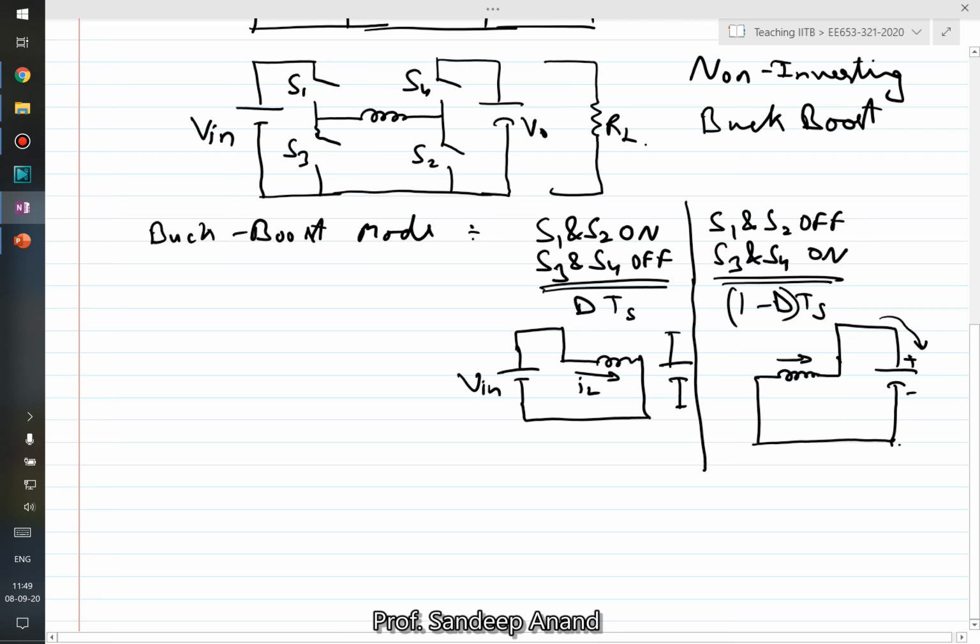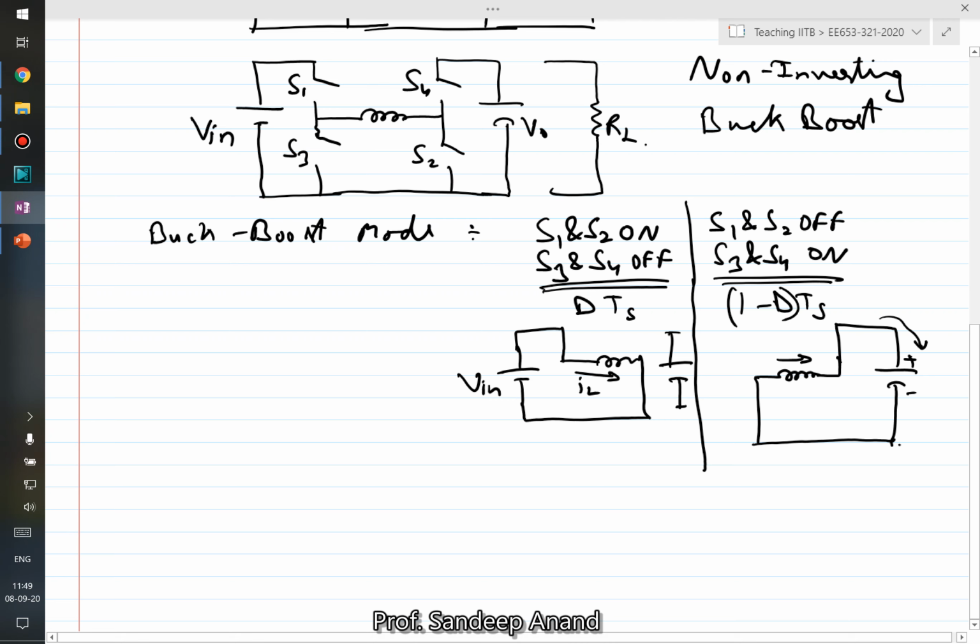Therefore, it's very similar to the buck boost operation. In the normal buck boost also, the same thing was happening. In one stage, energy was stored in the inductor only from the input, and the output was disconnected from the inductor. In the second case, the inductor was connected to the output and the input was disconnected from the inductor.